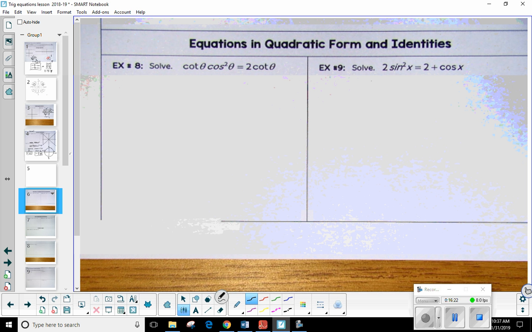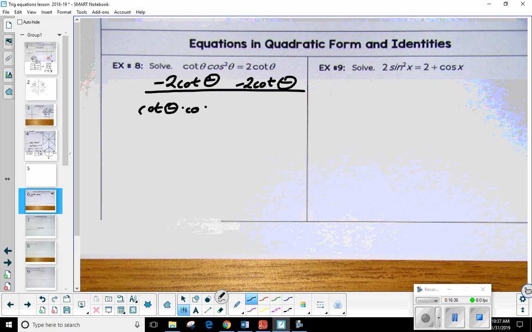Okay. What if I did this? Remember I said we could do it very similar to number 7? Okay. So I've got cotangent of theta times cosine squared of theta minus 2 cotangent of theta equals 0 because those cancel.